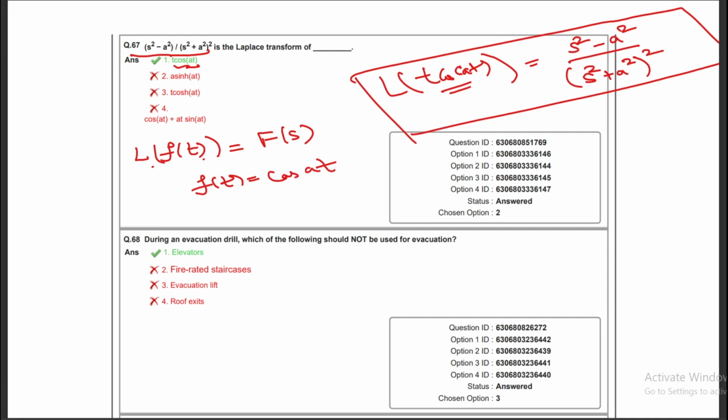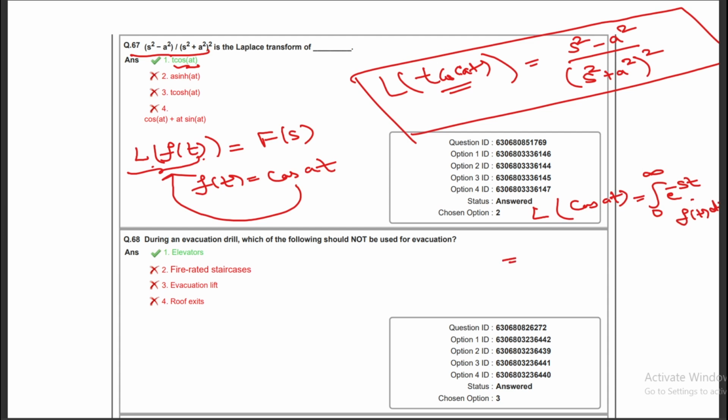First of all you will find L of f of t, so put this value here: L of cos at. For that you have the formula, integration from 0 to infinity of e raised to power minus st into f of t dt.